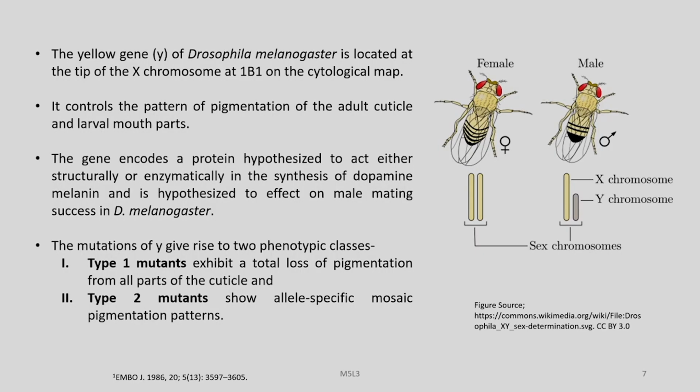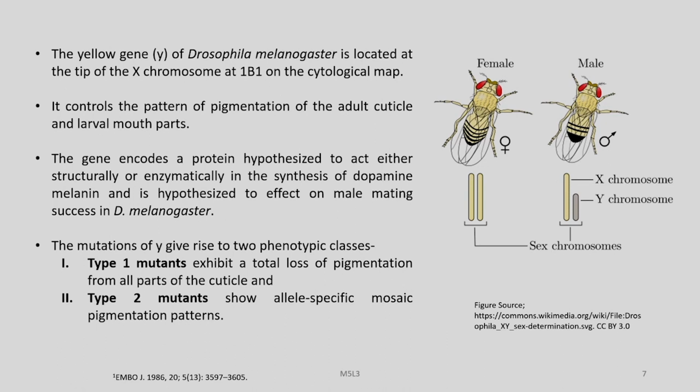So, this is a model fly, Drosophila melanogaster, and in this Drosophila melanogaster there is a gene called yellow gene, which is located at the tip of the X chromosome. The locus of this particular gene is 1B1 on the cytological map.